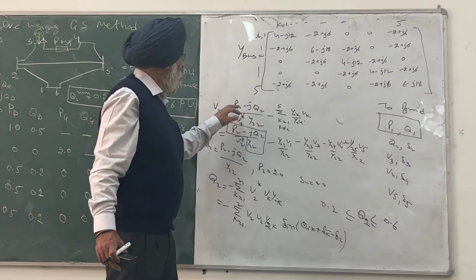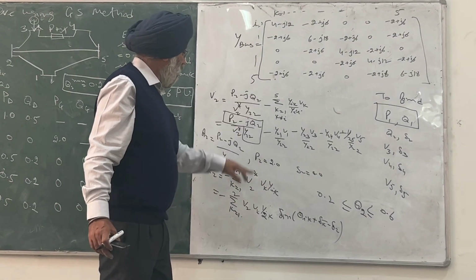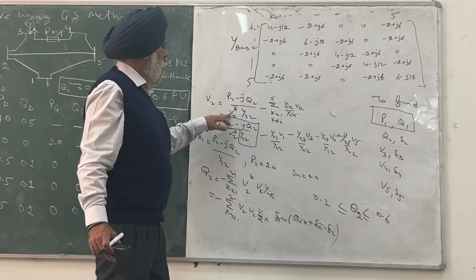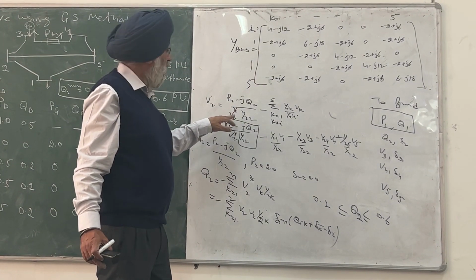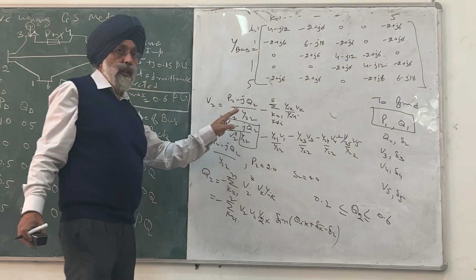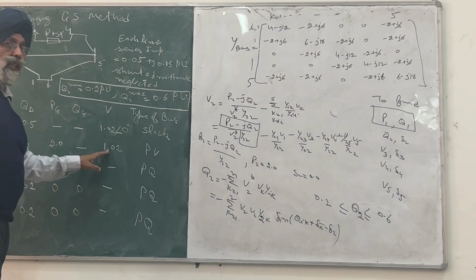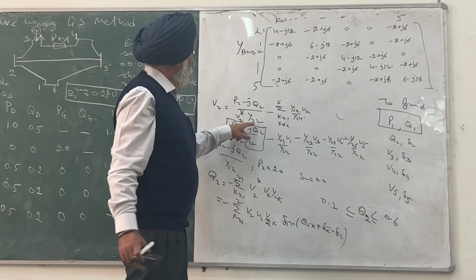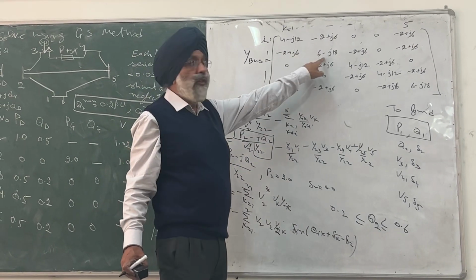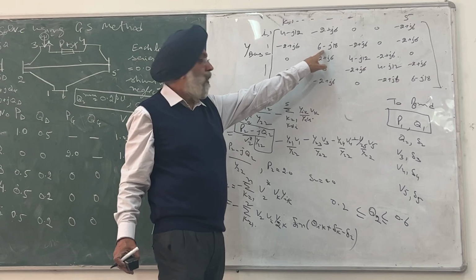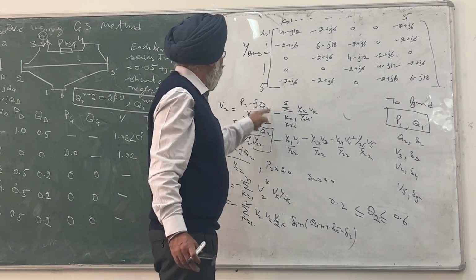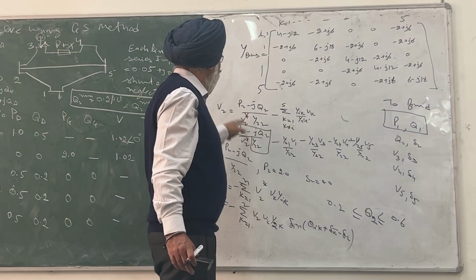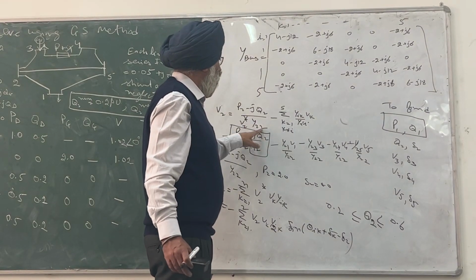Okay. So you have the P2, you have calculated the Q2 from here. V2 star: the magnitude is given, the angle you have assumed as 0 degree. Y22 you have from this Y bus matrix. So substitute, and you will calculate the value of A2.